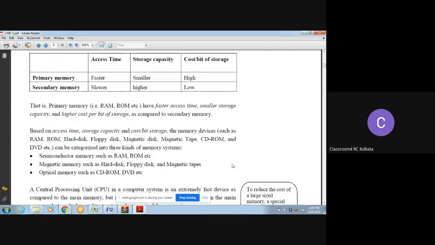And when you want to display your result in your output device, that is the console, then from the RAM, the data goes to the console. So this is the main function of the RAM and ROM.